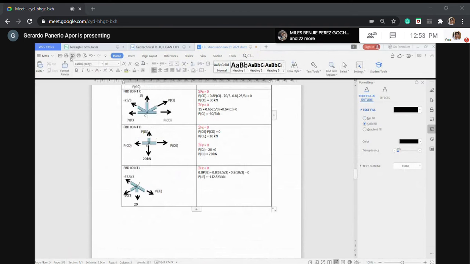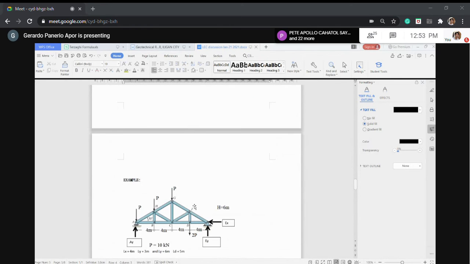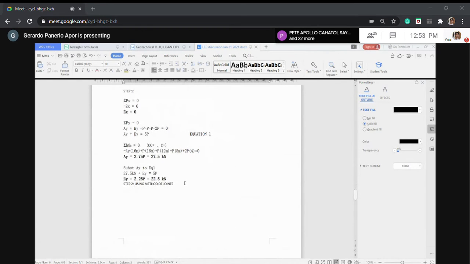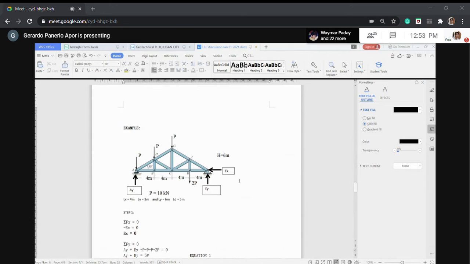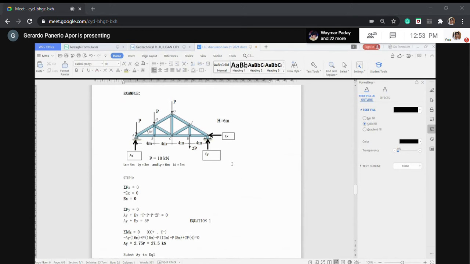Okay. So the one for our lesson is to solve this using method of sections. Now, if you are going to do method of section, actually class, dili tanan members solved.